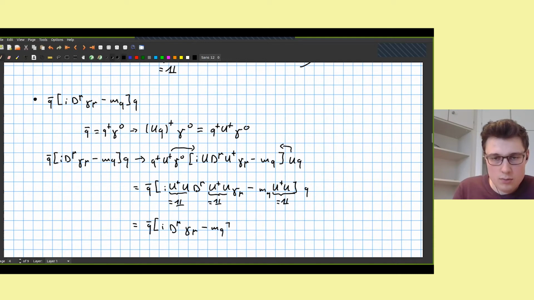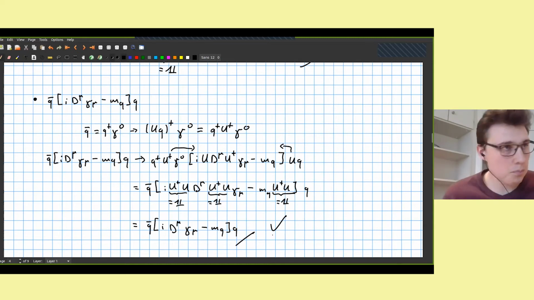Minus MQ Q. And we see that also this term transforms to itself under SU3. Okay, so that's the full QCD Lagrangian. And we are done with exercise 1.